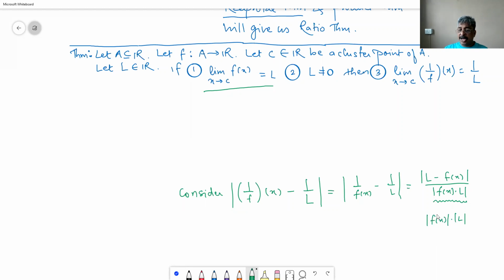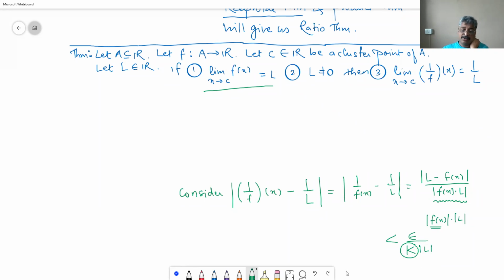Therefore, by our estimation method, we have to replace this quantity by some safe constant, and the inequality is going to be something like this has to be less than some epsilon upon mod L. You are supposed to replace this by some constant k, and when you are doing that change in the denominator, you need a smaller value.